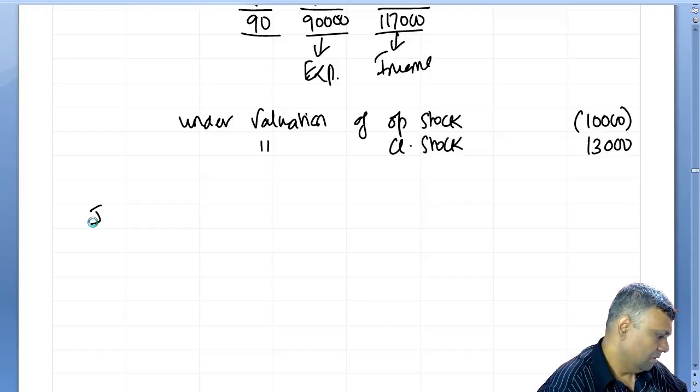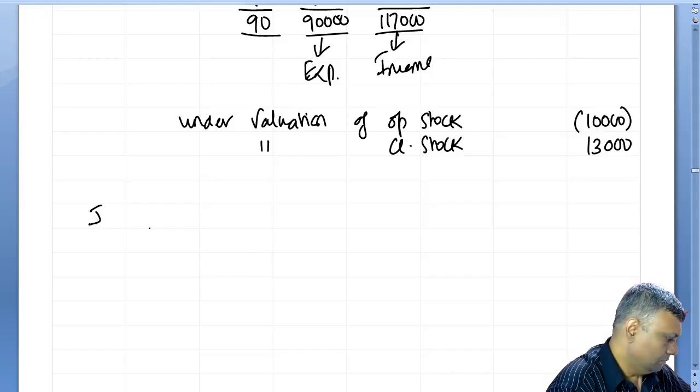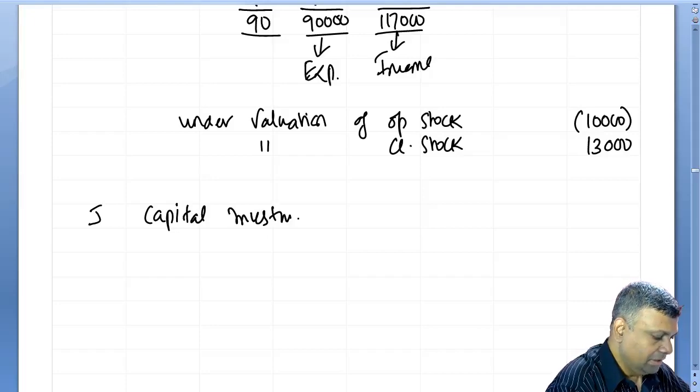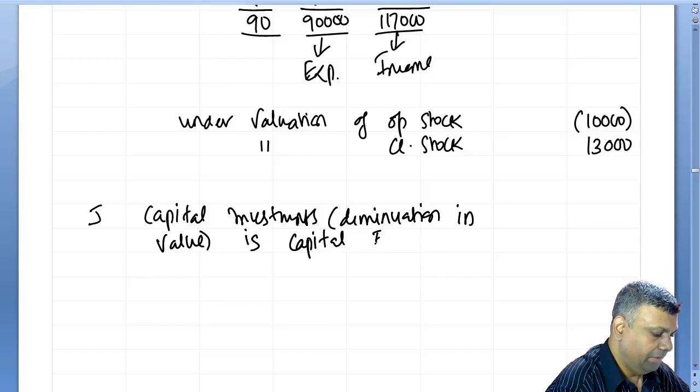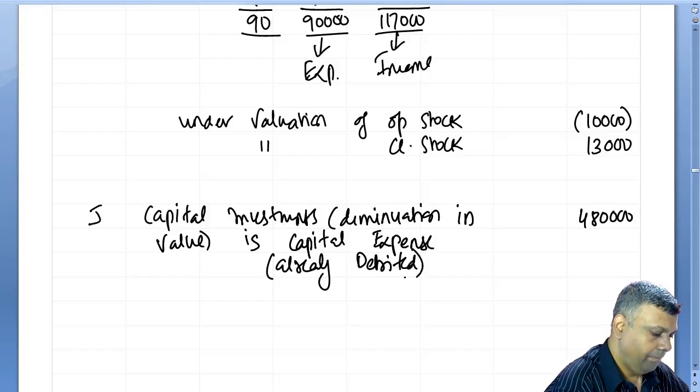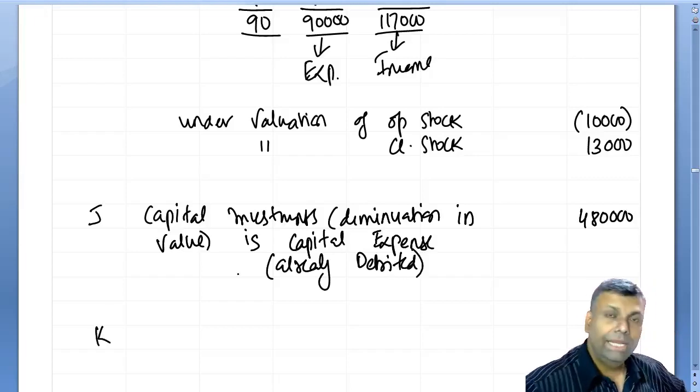J. Capital investments, diminution in the value is a capital expense. 4,80,000 is already debited. So I have to add it. JK.